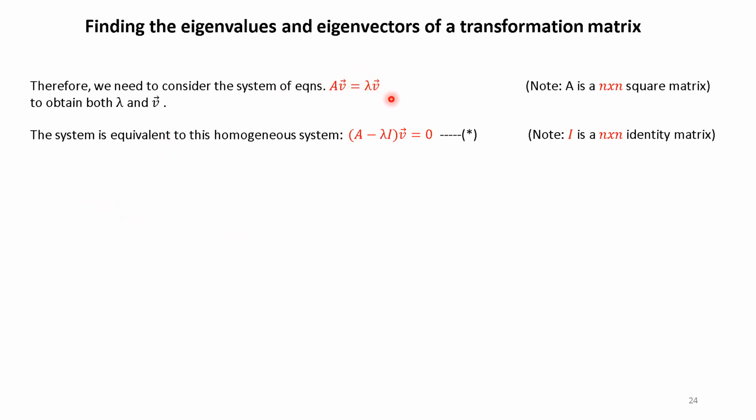So first, let's try to find out lambda. If I put the right-hand side also to the left-hand side, then I'll have this system: A minus lambda I, where I is the identity matrix. So this system is equivalent to A minus lambda I multiplied by V equals 0.